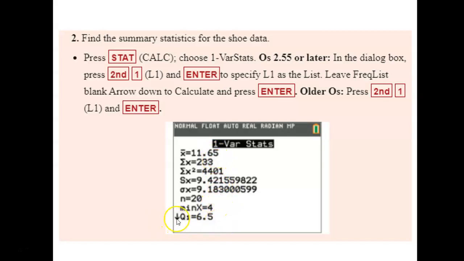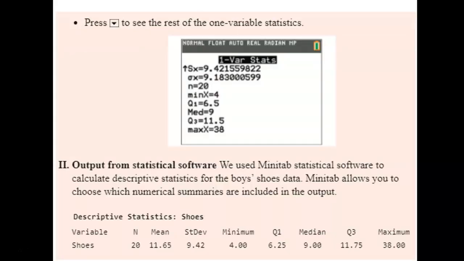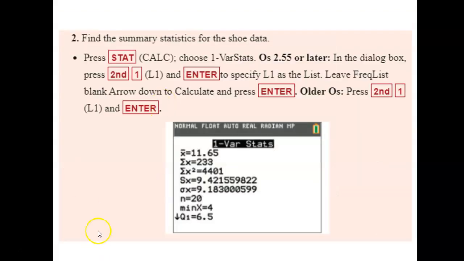Now you'll notice there's an arrow here that indicates that if you scroll down, you'll see more and more. The reason we want to scroll down is because there's some other information here that I need to figure out. The very first thing they pop out in one variable stats is the mean, which is great to know, right? And then later on, they have S sub X, which is standard deviation.